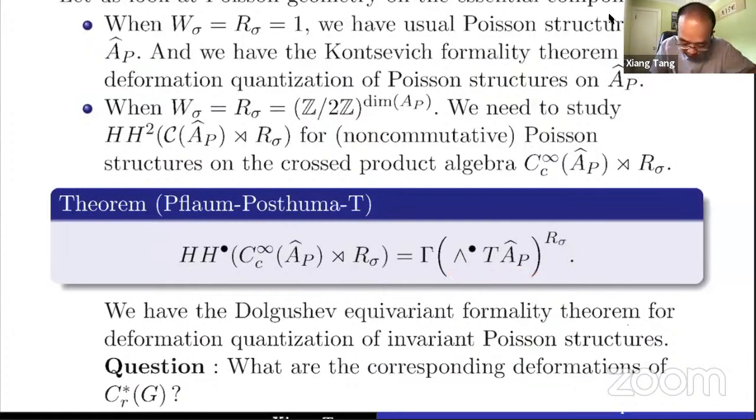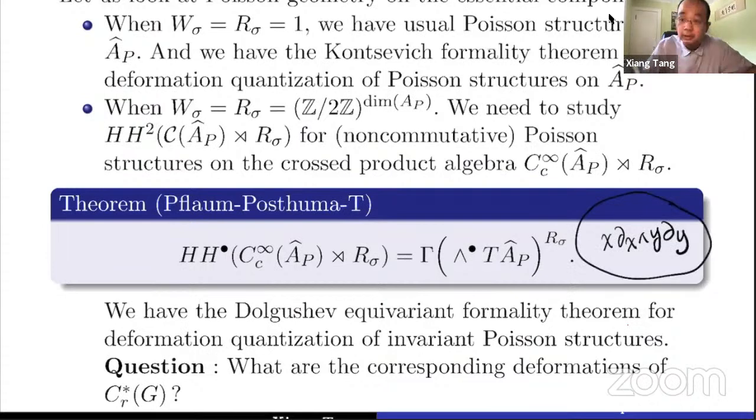And now for this type of vector fields, for this type of Poisson structures, we have this formality theory developed by Dolgushev and then more recently by many experts here. So here I would like to bring your attention to some nice Poisson structures. For example, we can consider our AP to have two dimensions. Now we can just consider x dx, y dy.